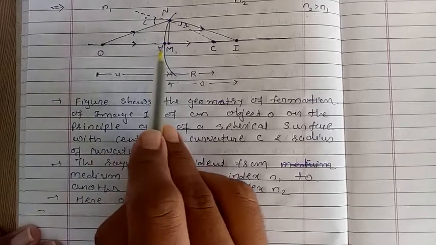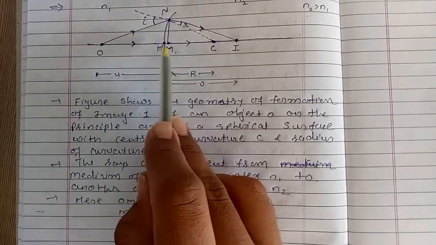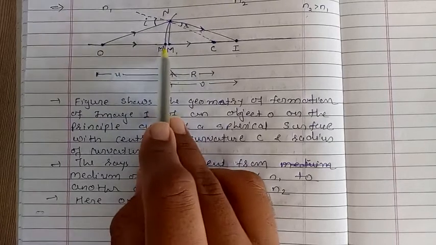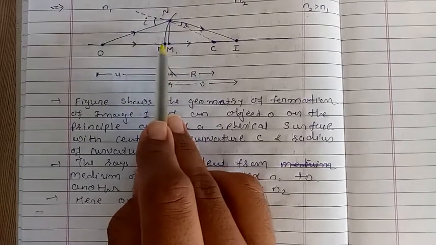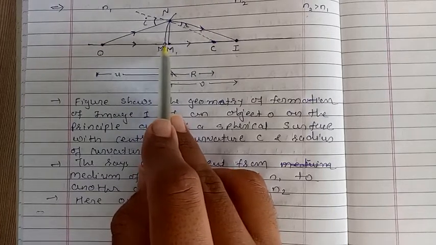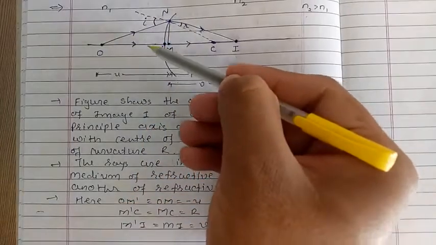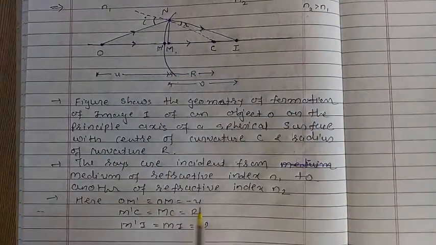But as per the rules, we have to measure distance from the pole, in the direction of the incident ray. Here it is the opposite direction, so u is negative.